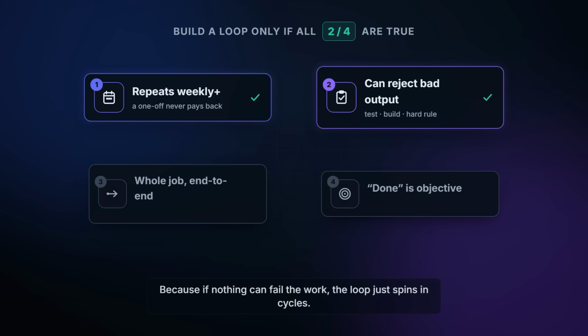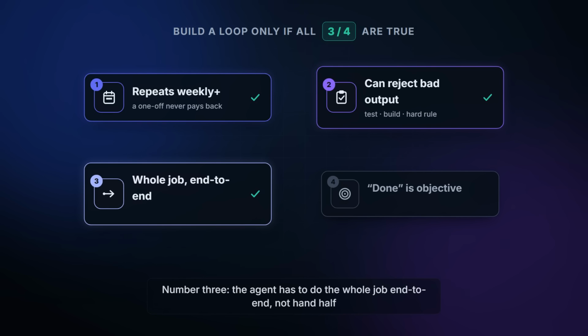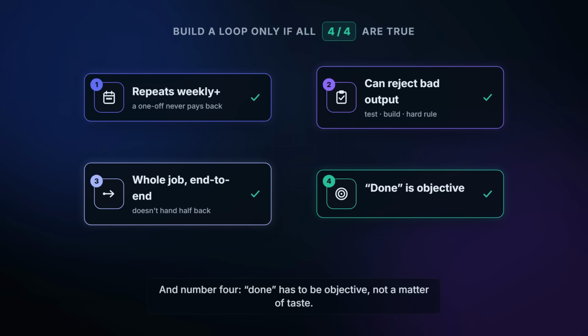Because if nothing's able to fail the work, the loop just spins in cycles. Number 3, the agent has to be able to do the whole job end to end, not hand half of it back to you. And number 4, done has to be objective, not a matter of taste. If quality comes down to a judgment call, honestly, a human still wins.